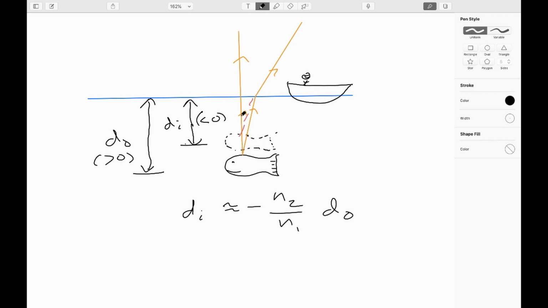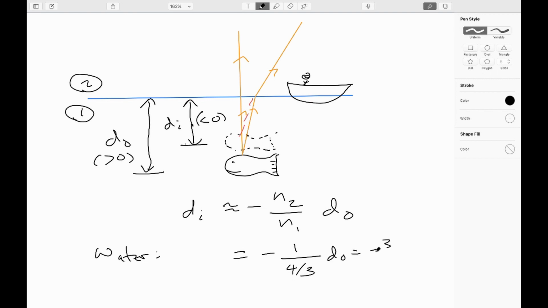The first medium, the water, is here. The second medium is here. So we're going from medium 1 to medium 2, as always. So anyway, this is water. Medium 2 here is air. So this will be 1 over medium 1, which is water, 4/3, times DO, so minus 3/4 DO.